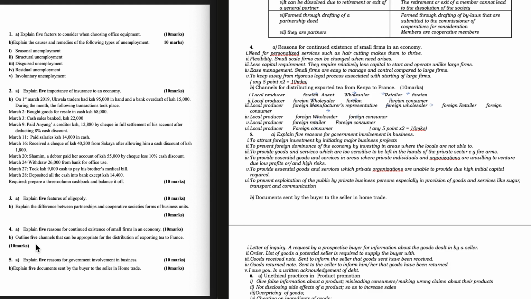Local producer to foreign wholesaler, then foreign consumer. We have local producer, then to foreign manufacturer representative, foreign wholesaler, foreign retailer, and foreign consumer.